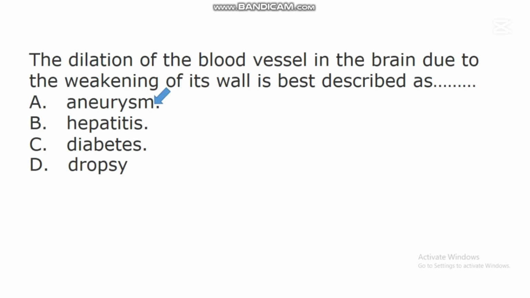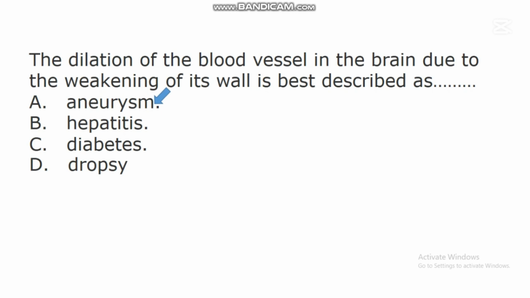Aneurysm. Aneurysm is the dilation of the blood vessel in the brain due to the weakening of its wall. Studies have shown that when this occurs, the blood vessels will appear like a balloon due to the weakening of the wall of the blood vessel.